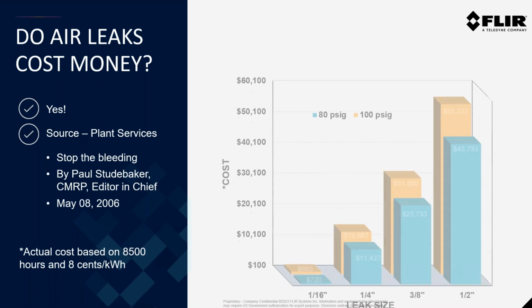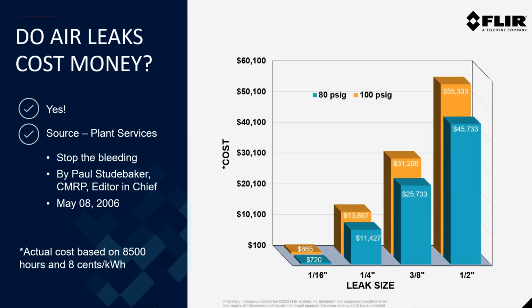The air leaks cost money, of course they do, right? The source of this data is Plant Services. It was an article written by Paul Studebaker called "Stop the Bleeding" from a few years back, and this is a low estimate. So the actual cost of this is based on a compressor running 8,500 hours, 8 cents per kilowatt hour for the cost.